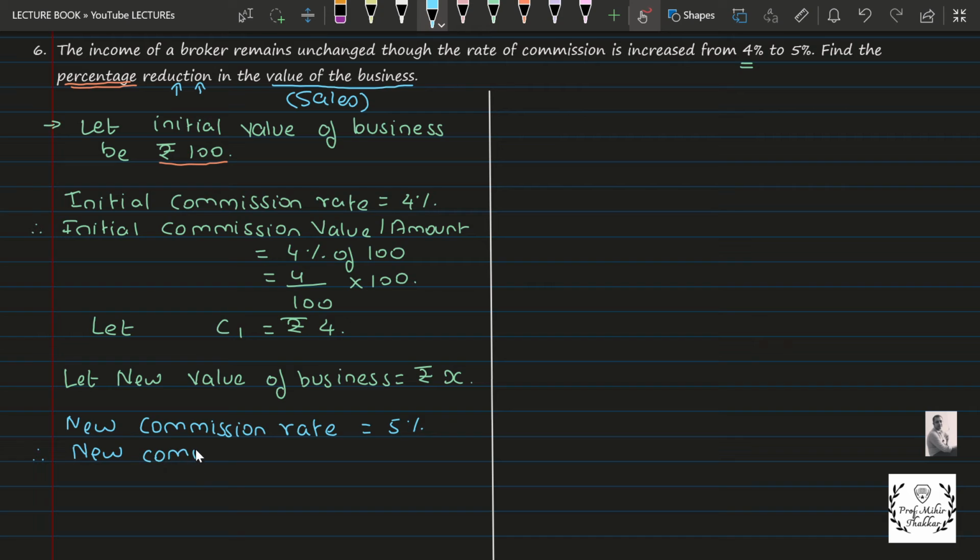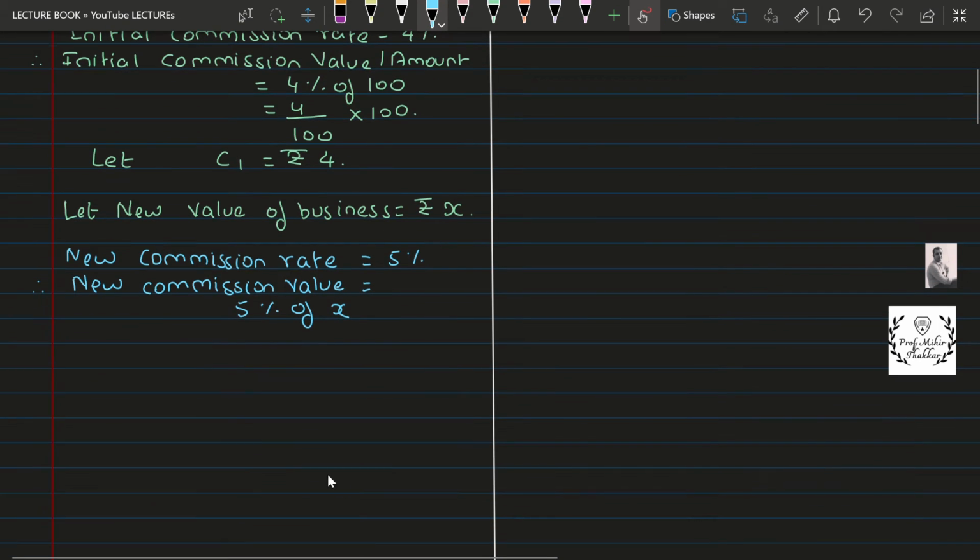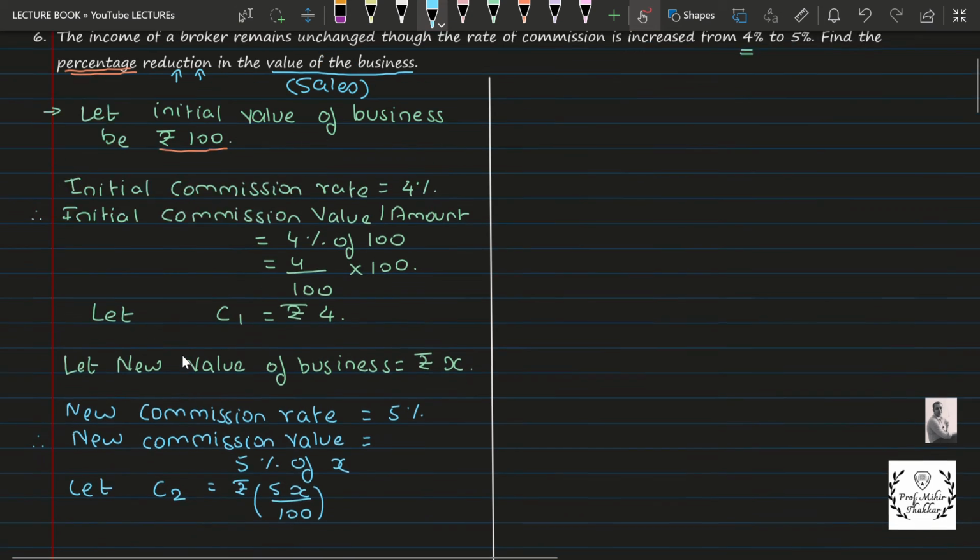Therefore, new commission value is equal to 5% of X, and that is going to be equal to rupees 5x upon 100. I assume that let this is equal to C2.